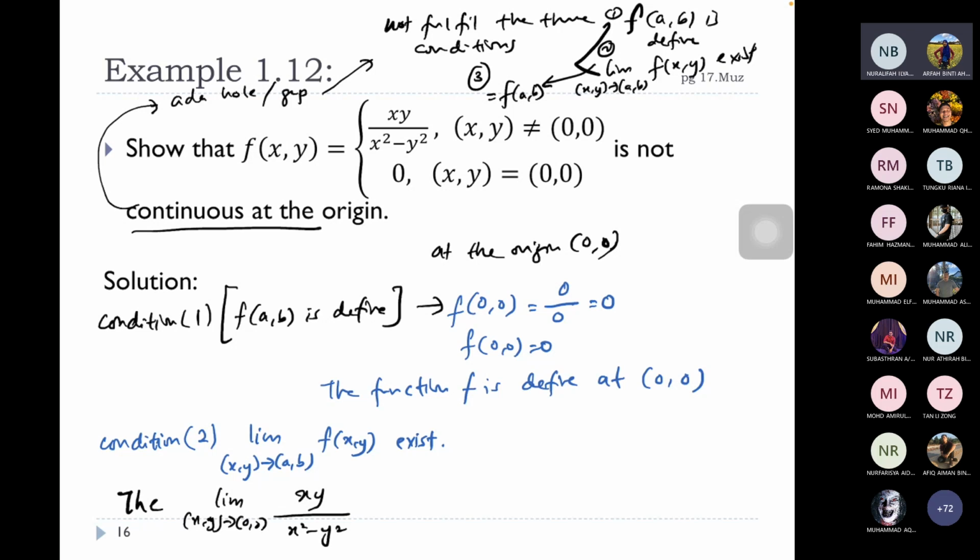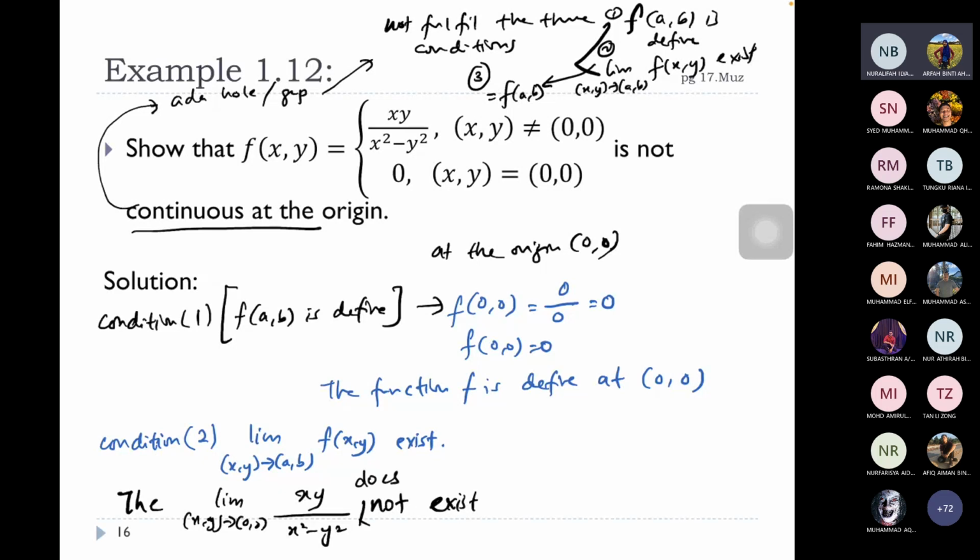Not exist. Betul. Kenapa not exist? Sebab left and right dia different. Betul. Okay. So the limit of xy approach 0 untuk function xy divided by x squared minus y squared does not exist. Okay.